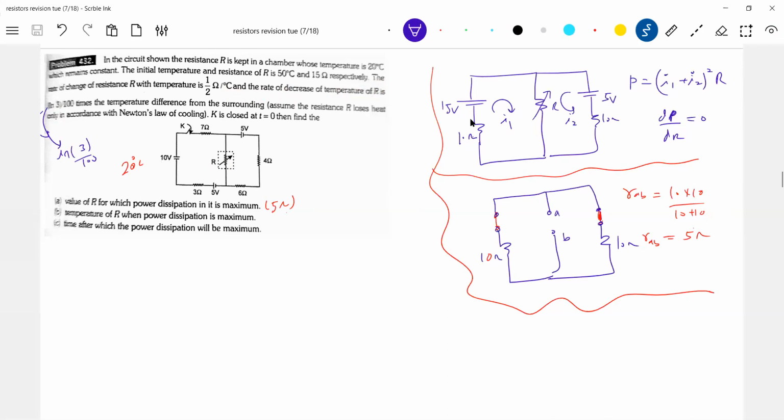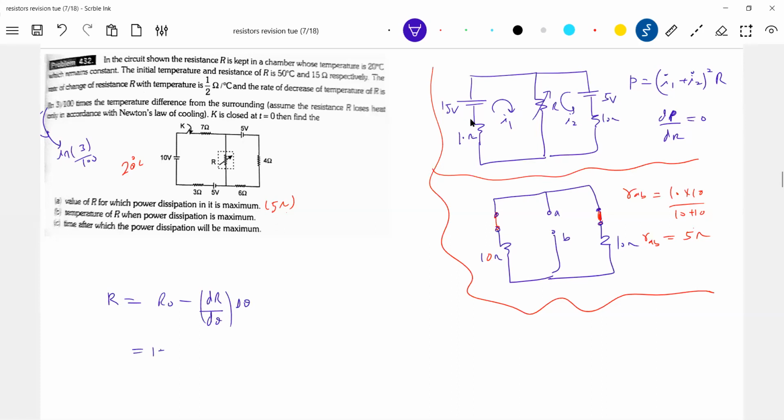log 3 all divided by 100, times the temperature difference from the surrounding. Assume the resistor loses heat only in accordance with Newton's law of cooling. K is closed at T equals 0, then find. What shall I do for the next one? The temperature decrease is given. So I'll write the expression for R equals R naught minus dR by d theta into the temperature difference delta theta.